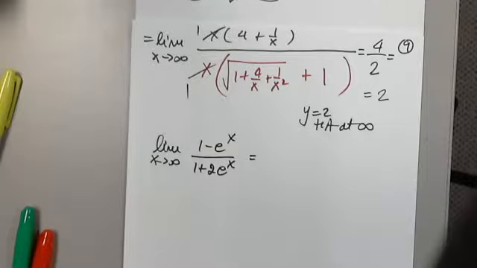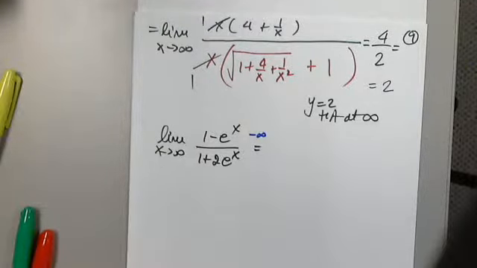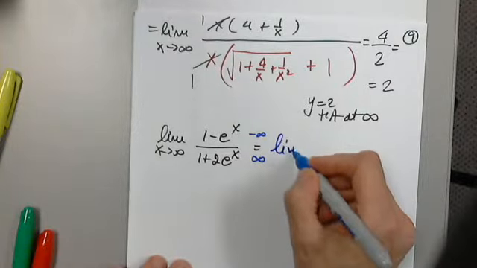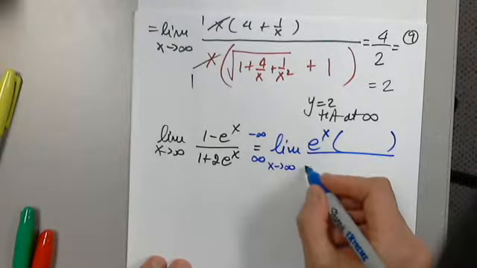And what do I get? The top goes to? Good. Infinity over infinity or negative infinity over infinity, the sign is not important. It's an indeterminate case. Okay, what would you recommend to do here? Yes, take out. Yes, very good. Factor out e to the x. Awesome.